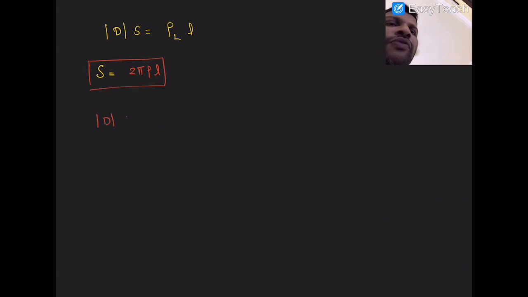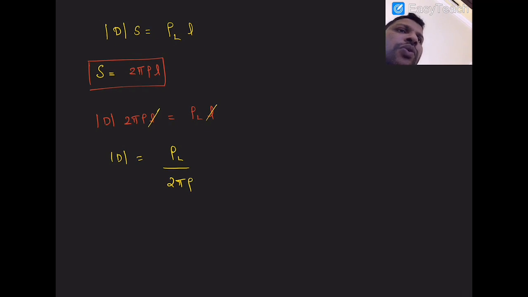So the magnitude of D into S, where S is 2 pi rho L, is equal to rho L into L. Now you see L will cancel, so the magnitude of D will be equal to rho L by 2 pi rho.